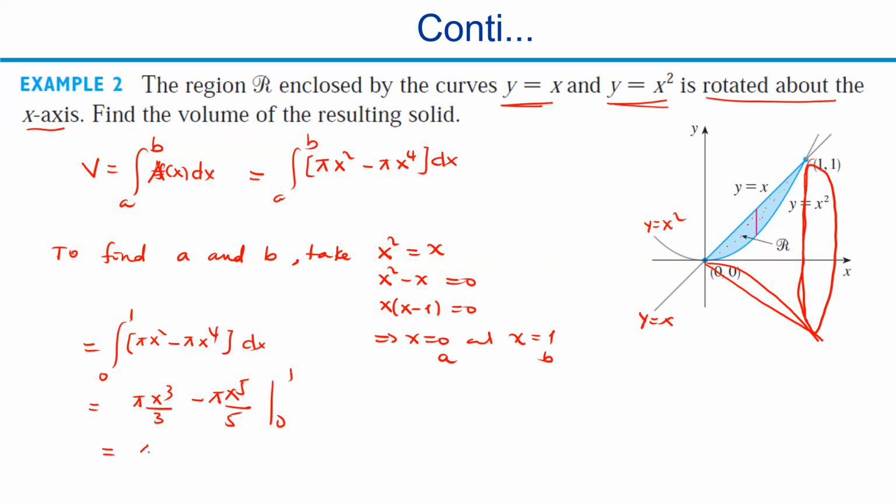This will be pi over 3 minus pi over 5 minus 0. Taking the common factor 15, this is 5 pi minus 3 pi, which is 2 over 15 pi unit cubed. So this is the volume.